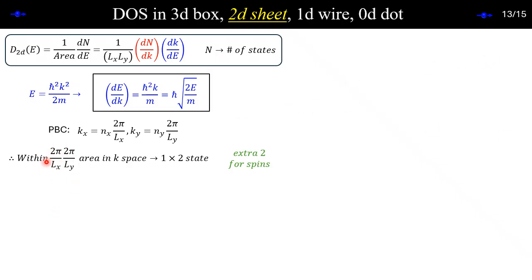Within this smallest area we have 2 electrons, meaning one state, 2 electrons, right? So within pi k square, how many carriers do you have? This pi k square divided by this. Here this is a slight typo. Okay, so now you can take a derivative.